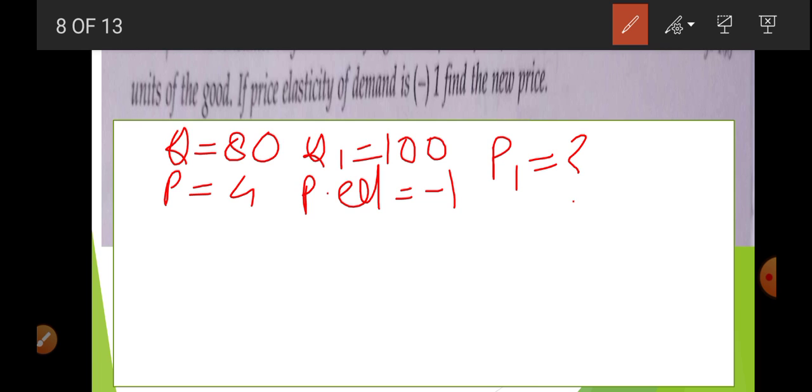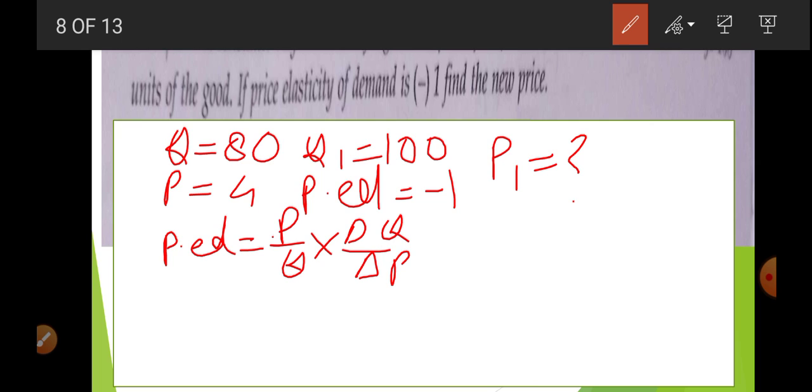Now here we are going to write the equation. Price elasticity of demand is equal to P upon Q multiplied by del Q upon del P. Now del Q we can find out.